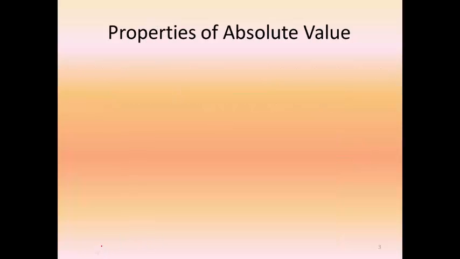So there are a few properties of absolute value, and we know that absolute value of any real number A is greater than or equal to 0. Okay, so this is representing that it must be 0 or positive.